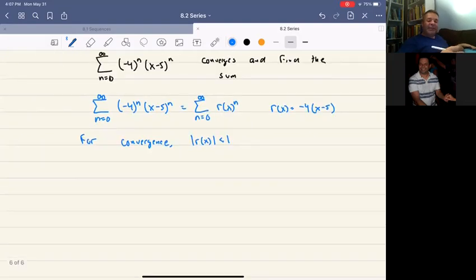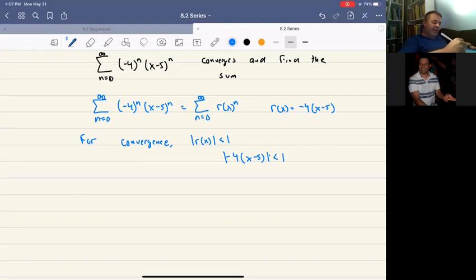Okay, so negative 4 times x minus 5, absolute value, should be less than 1, right? Remember, our ratio in the geometric series should be less than 1. So this is our condition.